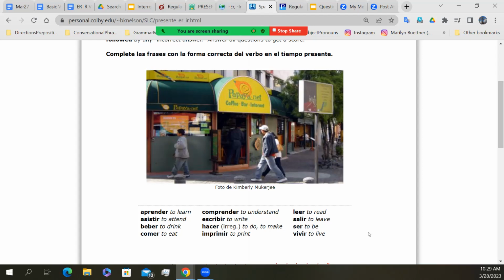That means it has one irregular form, and I'm going to tell you ahead of time. The irregular form has to do with the form only for yo. That particular verb has two meanings. Hacer means both to do and to make. I know, kind of odd, but that's the way it goes.